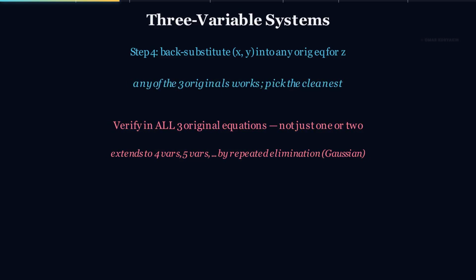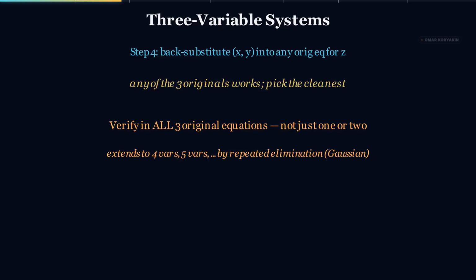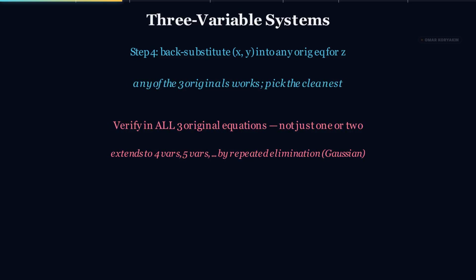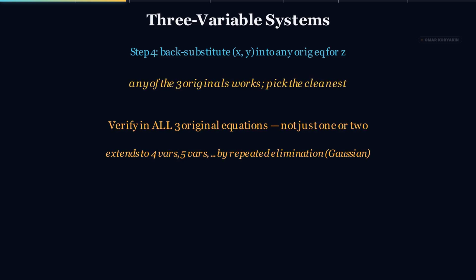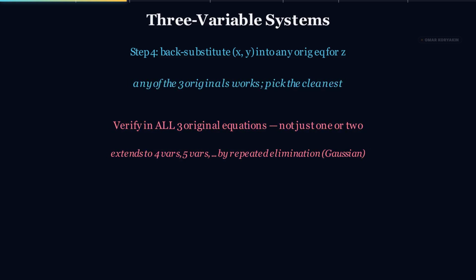The choice of which original equation to back substitute into does not affect the answer. Pick the one with the cleanest arithmetic. Verify the full triple by substituting all 3 values into all 3 original equations. 3 matches confirms the solution. The procedure produces exact answers for any well-posed 3-variable system and scales to larger systems by repeated elimination.